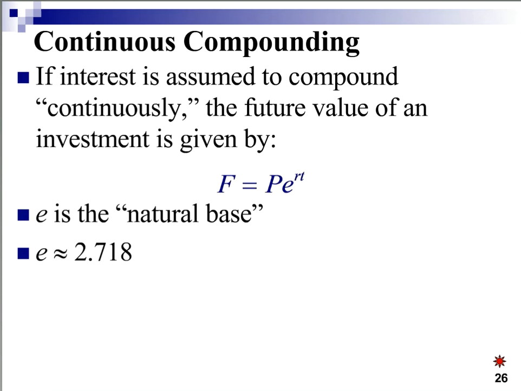The base, e, is sometimes called the natural base in mathematics because it shows up everywhere. It shows up in engineering, biology, mathematics, physics, and in economics. And it is approximately 2.718. Now, word of caution here. This is really important. You don't want to enter 2.718 into your calculator. You need to find the e to the x button on your calculator. And it's often hidden. It's often a different color.